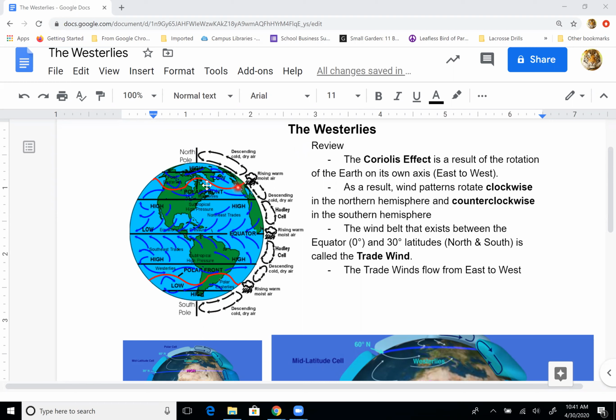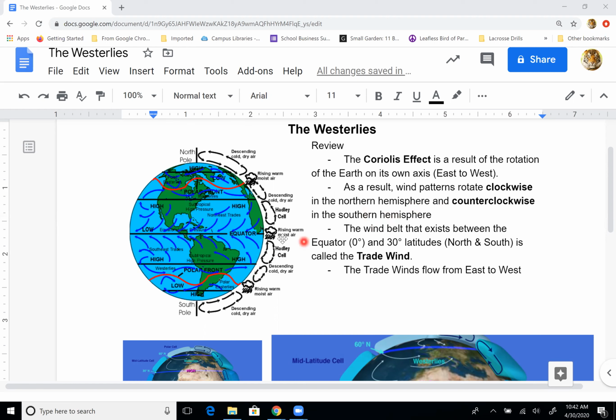In the northern hemisphere, everything, wind and water, flows in a clockwise fashion, and in the south you have a counterclockwise. Water does the same thing as wind.